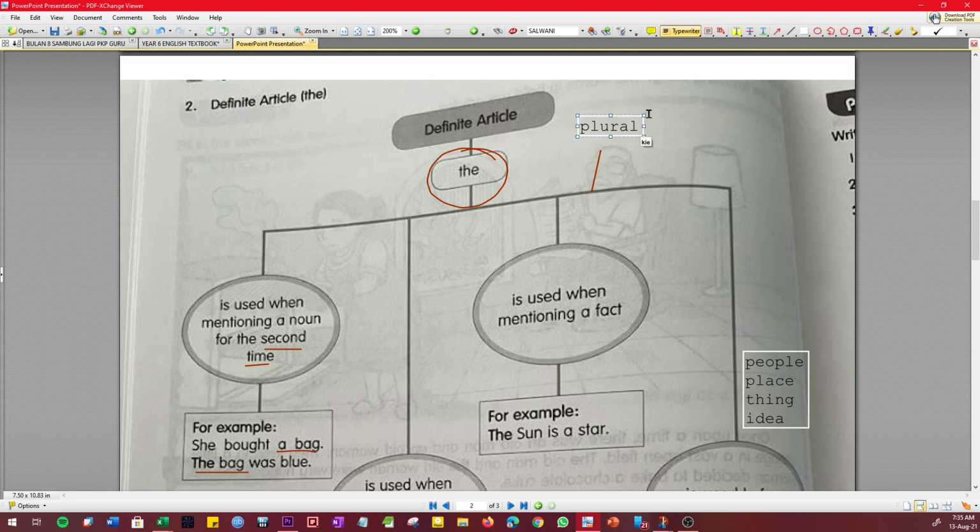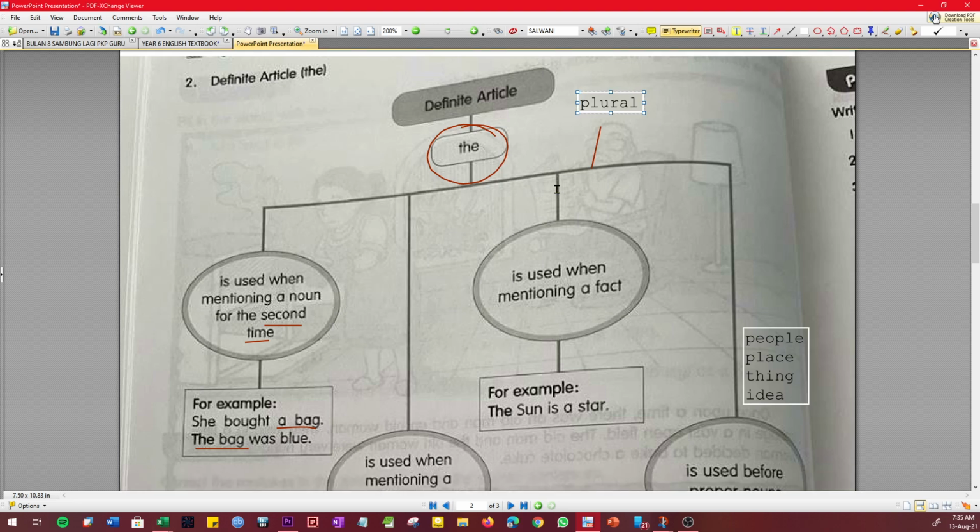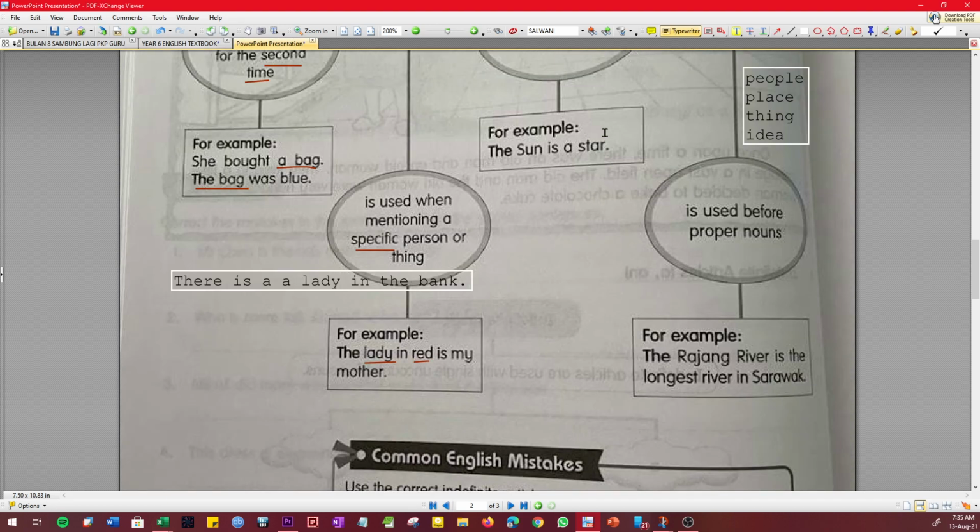Maksudnya banyak. So, the monkeys, the books, the televisions, the laptops, the notebooks. Okay. Semua yang plural yang banyak-banyak tu kita guna the. Kita tak guna a.